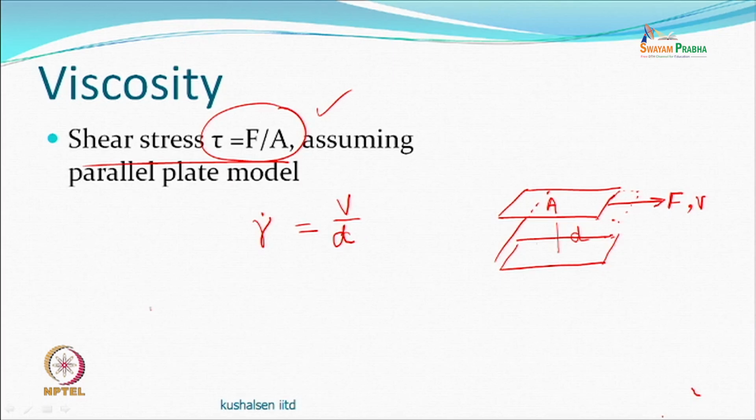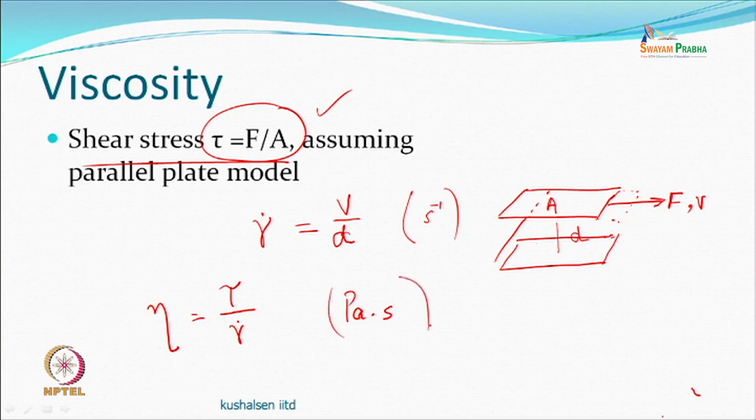So, the viscosity could be tau, shear stress, by the shear rate, because this is velocity by this distance. So, it is basically second inverse as the unit, and here you will get Pascal second as the unit of viscosity, which is sometimes also known as dynamic viscosity.